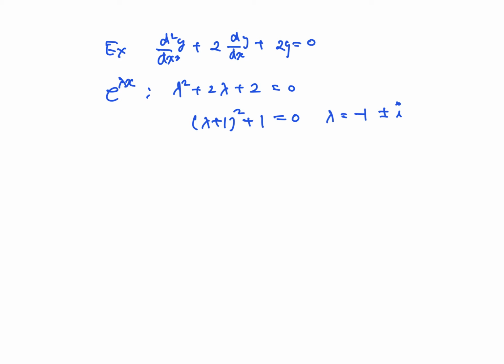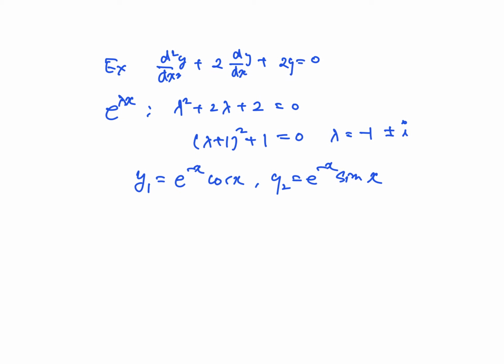In this case, y1 is exponential minus x cosine x, and y2 is exponential minus x sine x. And you can have either initial condition or boundary condition depending on your taste or depending on the case for the problem.